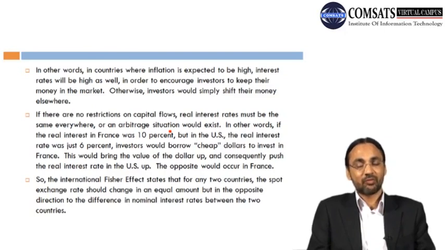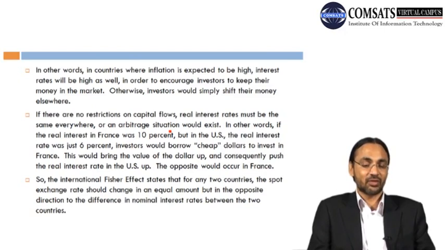People immediately rush to the USA and start borrowing money there, because they are getting money at a cheaper rate, and they raise the money from the USA and invest it in France. This would bring the value of the dollar up, because the demand for dollars is high, and because the demand is high, the interest rate will go up.